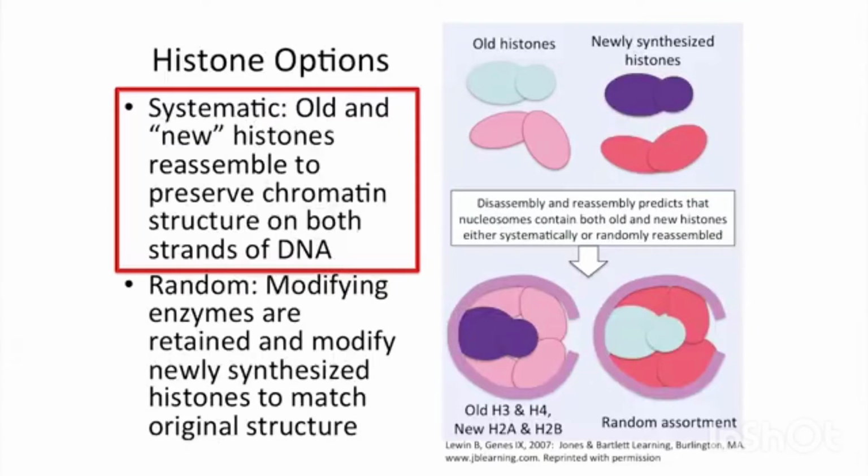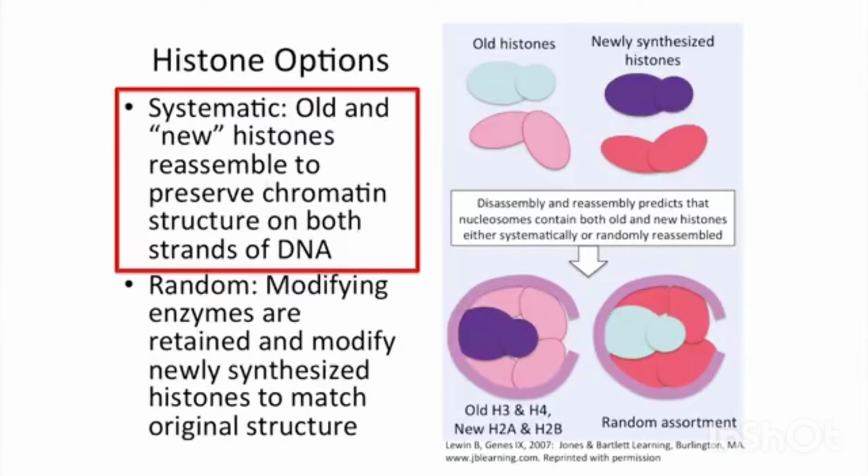The dogma has been that the old H3, H4 randomly goes with one or the other of the daughter strands, and the old H2A, H2B are released and mix randomly with new ones to form the new chromosomes.